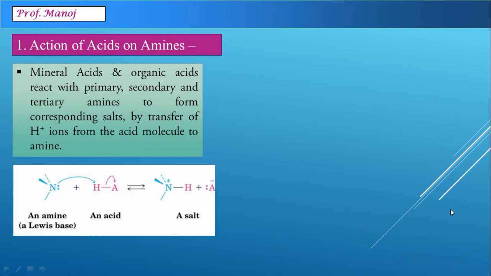You can see in this reaction, which is a general representation, that nitrogen has a lone pair of electrons which transfers to hydrogen, so that hydrogen forms a bond with nitrogen. The anion which remains comes as a counter ion. Since nitrogen is having 4 bonds over here, it receives a positive charge.